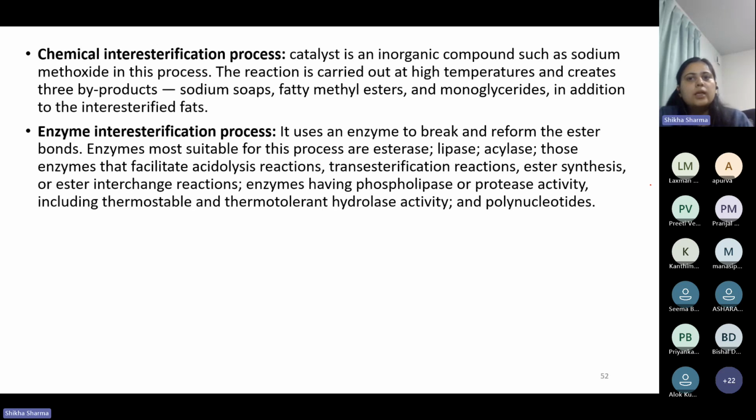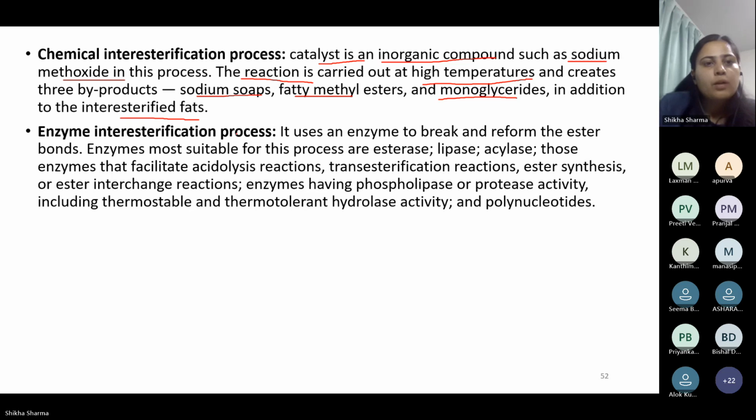As we know, there are two methods: chemical interesterification and enzymatic interesterification. In the chemical process, the catalyst is an inorganic compound such as sodium methoxide, and the reaction is carried out at very high temperature and creates byproducts like sodium soaps, fatty methyl esters and monoglycerides in addition to the interesterified fats.